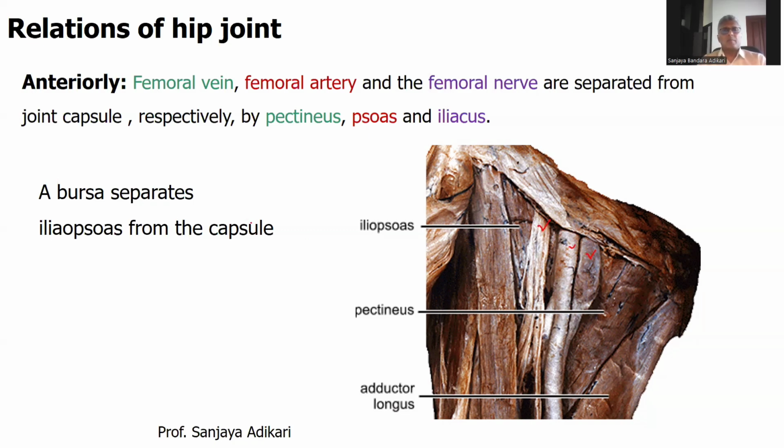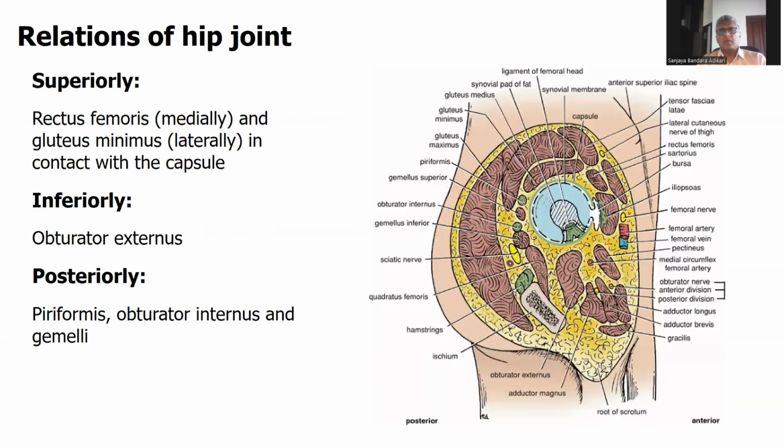So go through this slide also, which I'm not going to read, on how the different structures are related to the hip joint superiorly, inferiorly, and posteriorly. Just go through it for completeness.